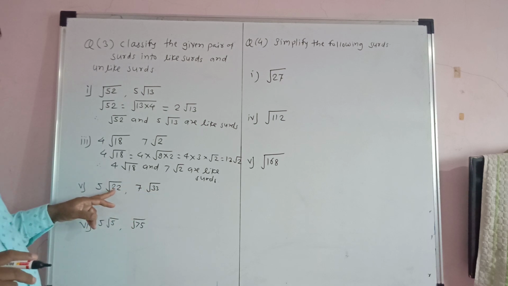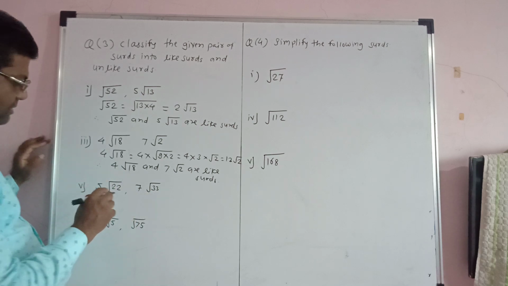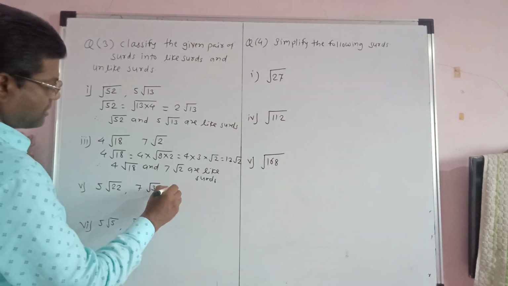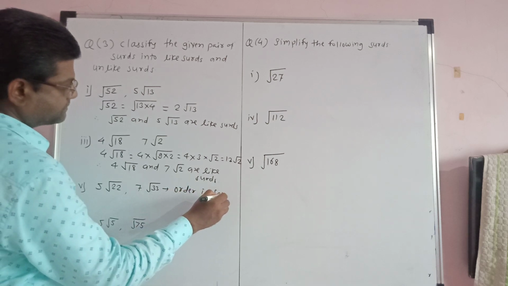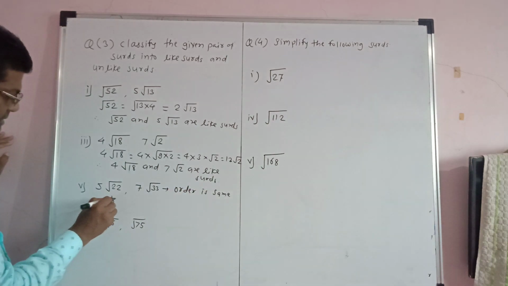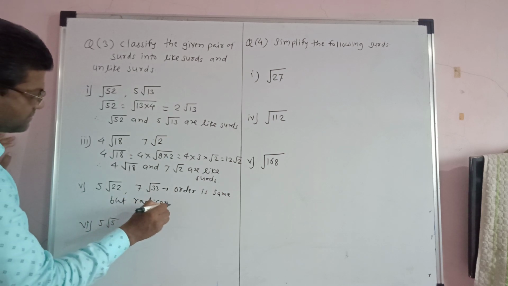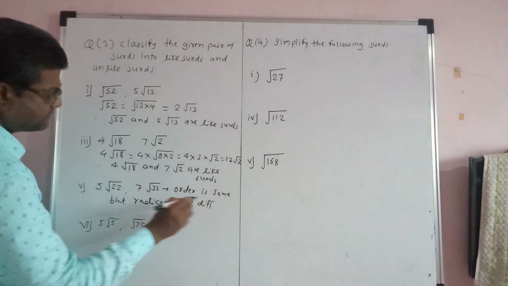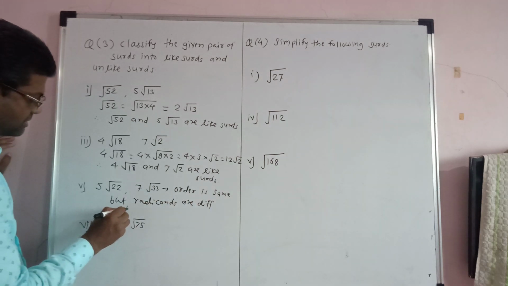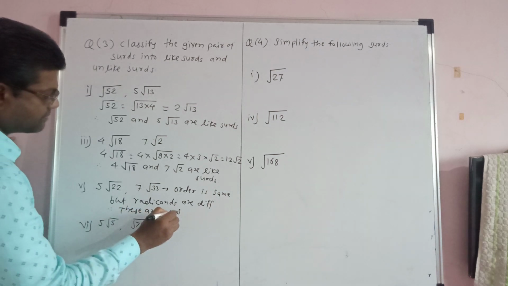Here the radicand is 22 and here the radicand is 33. Therefore the order is the same, but the radicands are different. Therefore these are not like surds.